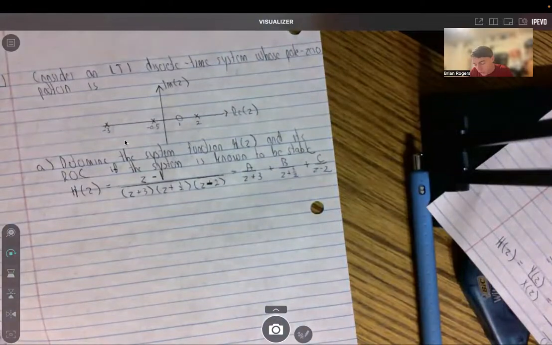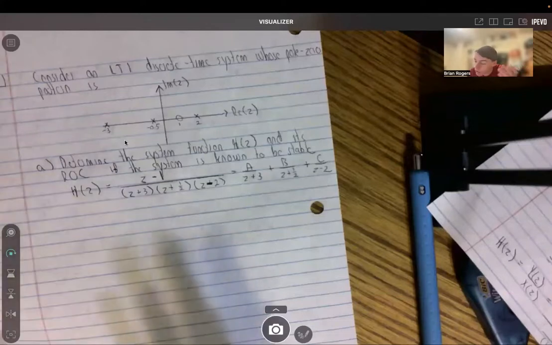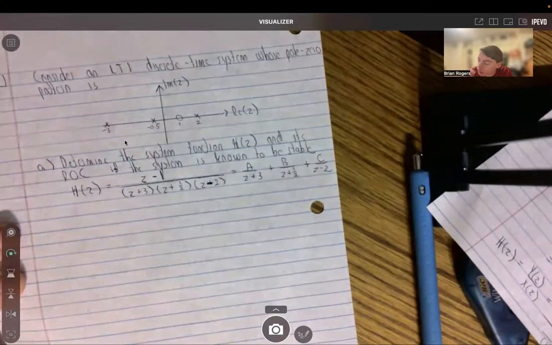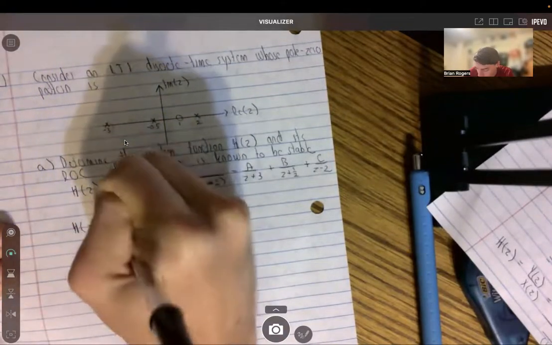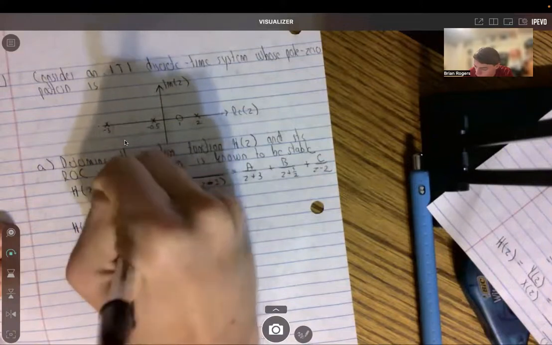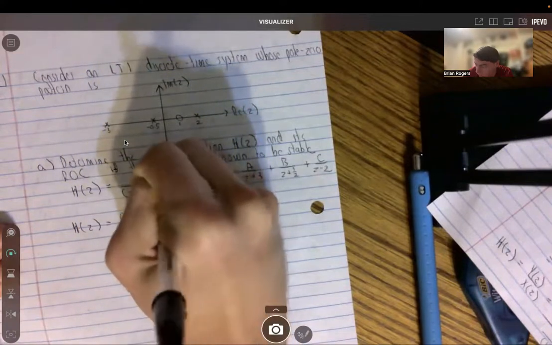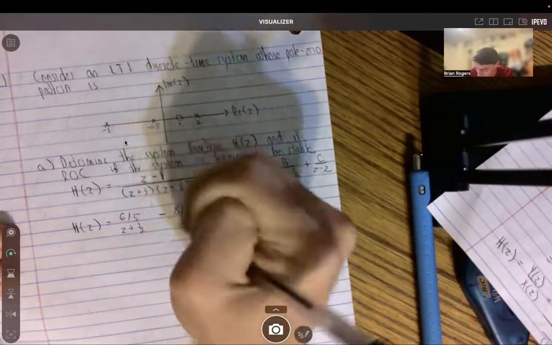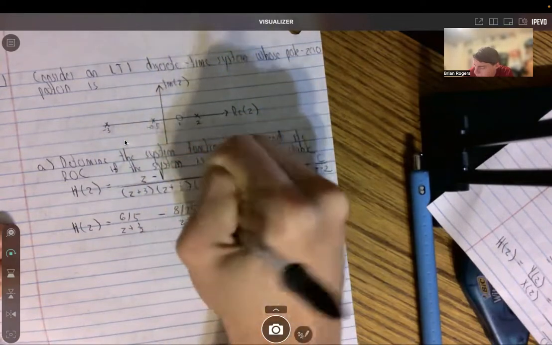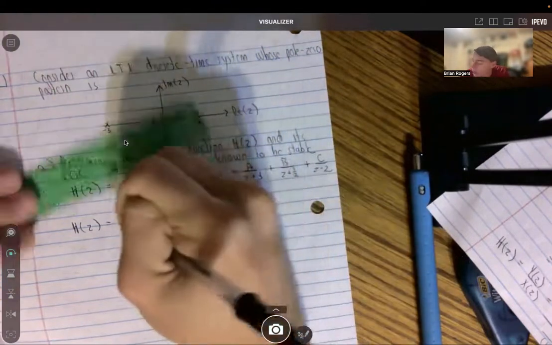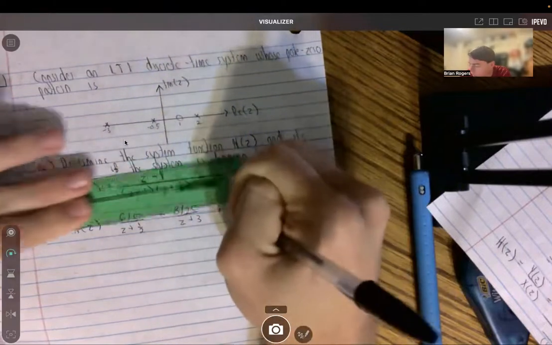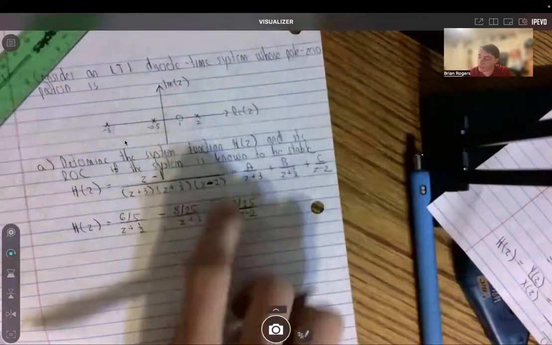And if you recall, when you did this partial fraction expansion, using the same techniques as we had before, in the end your H of z is going to equal 6/5 over z plus 1/2, then minus 8/25 over z plus 3, then plus 2/25 over z minus 2. And so that's what you're going to get for your H of z in the end. So that would be the system function.